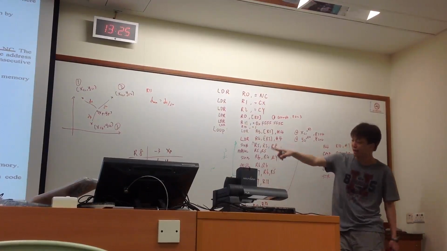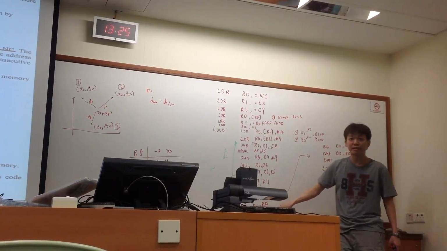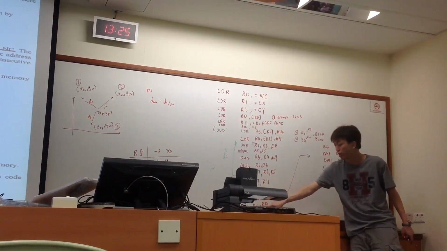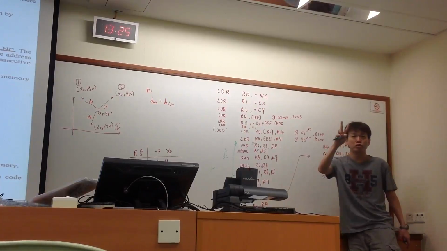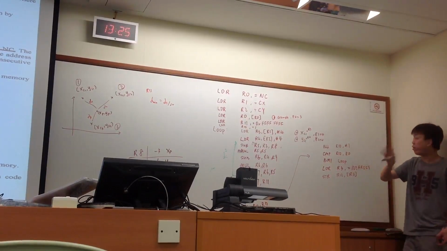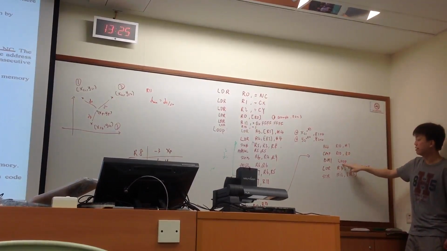In this case, D3 is greater than D2, so you will not do any updating. R11 still remains D2 and R12 still remains 2. Then you add 1, this time it becomes 4. 4 is greater than R0, so you will get negative. Then you stop the loop.